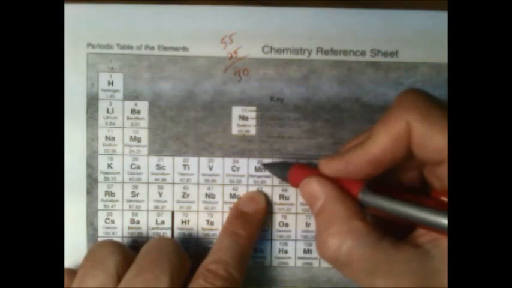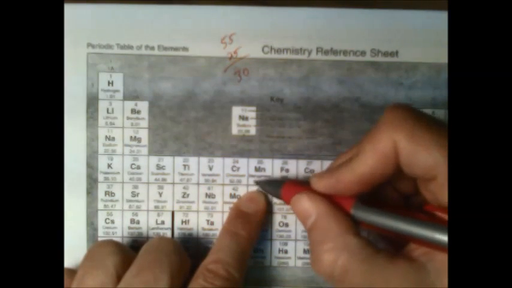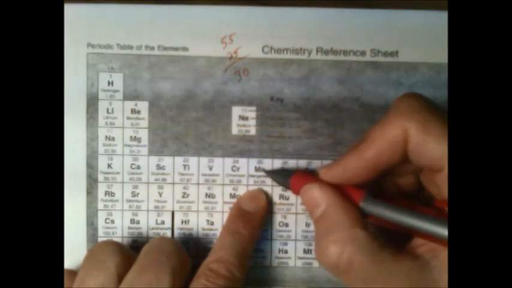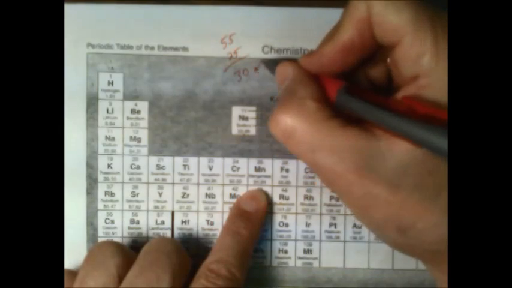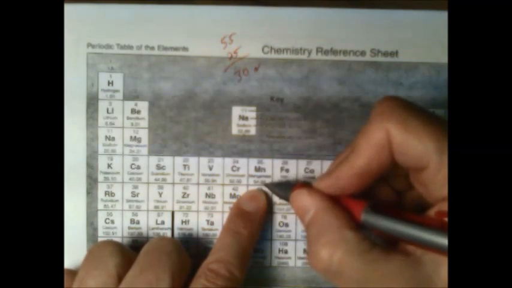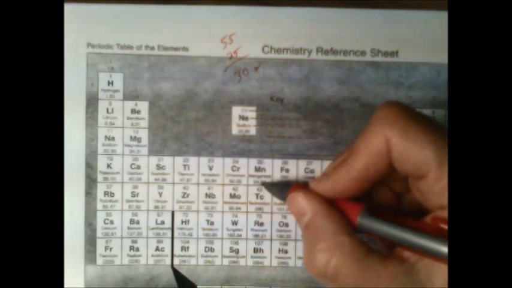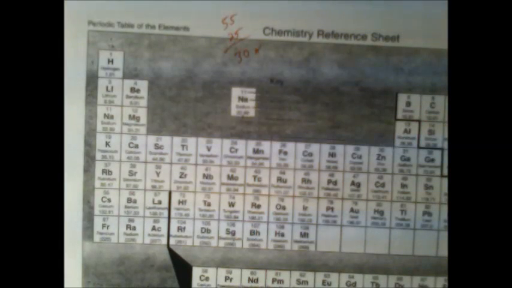I just got that by subtracting this from that. We can see that on average most manganese atoms have 30 neutrons, but some of them will have more. That's why this is a decimal. This is a weighted weight that tells us what the weight of manganese on average is.